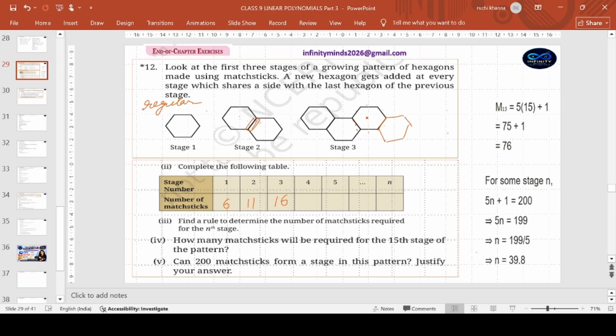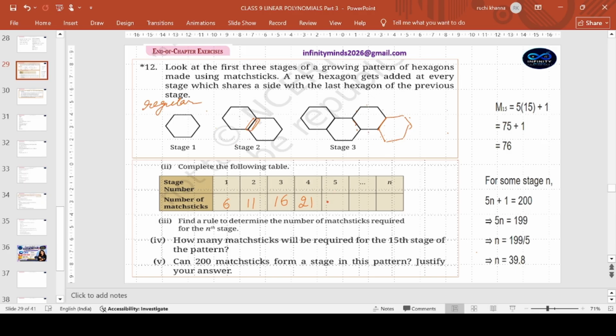So even if stage 4 comes, till this there were 16 already counted and I have made 5 new ones. 1, 2, 3, 4, 5. I had to put 5 more sticks in order to continue the pattern. So every time it is an addition of 5 which would be done to continue.